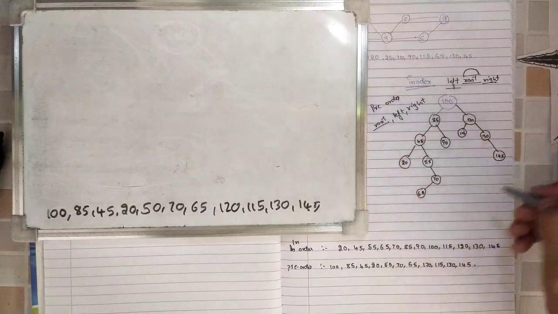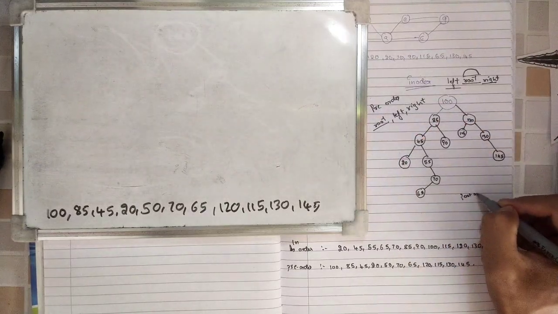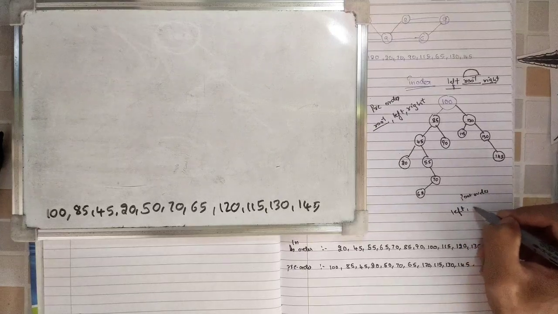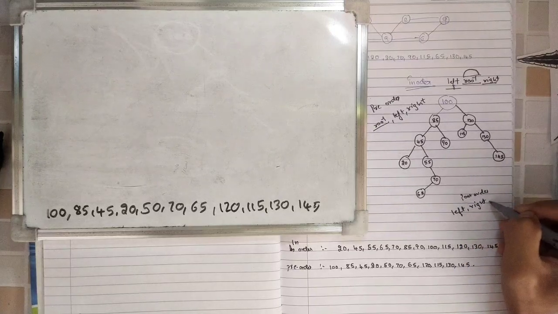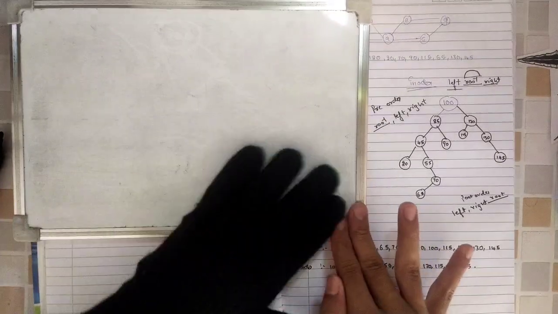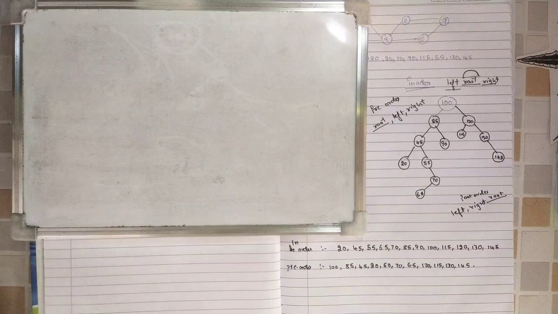Now for post order, what happens? Post order. Post means last. So first will be my left, then right, then last my root will come. Okay, so let us do that also now. I have to draw the tree again for that.